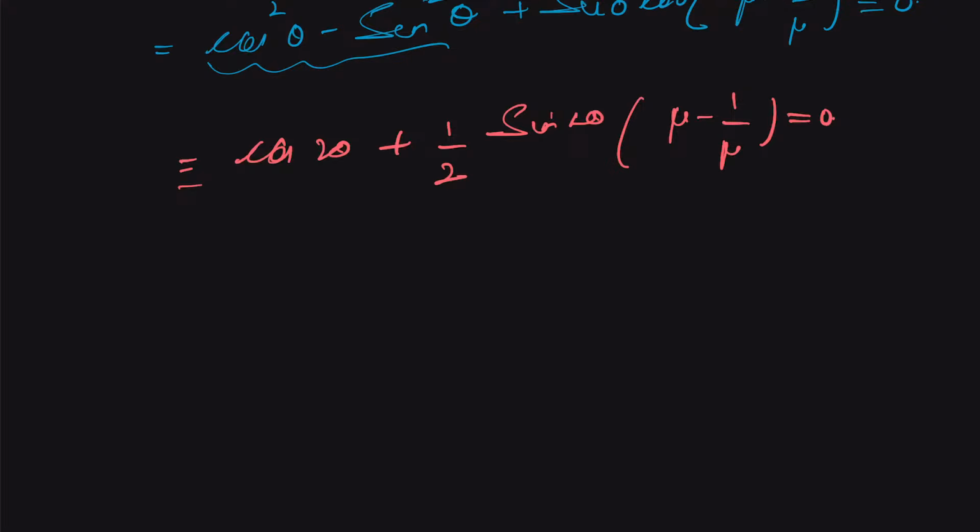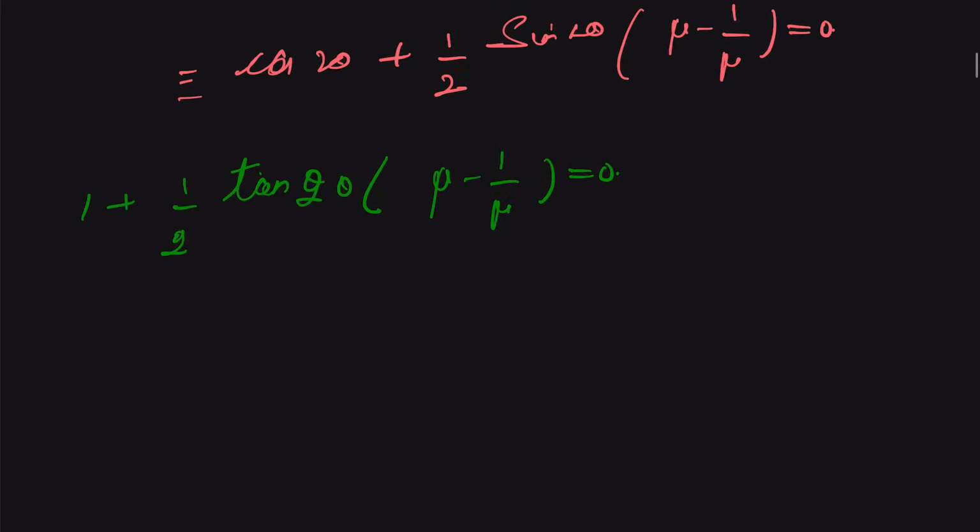So we get 1 plus 1 by 2 tangent of 2 theta times mu minus 1 upon mu is equal to 0, and therefore we can write this will be equal to minus of 1, and this gives us that tan of 2 theta will be equal to minus of 2 mu minus 1 upon mu, and we can write this as 2 mu upon 1 minus mu square.